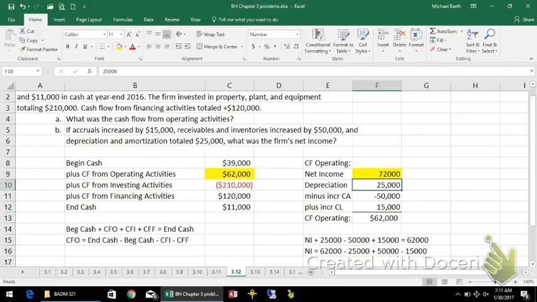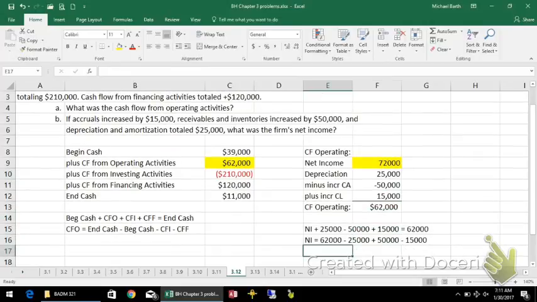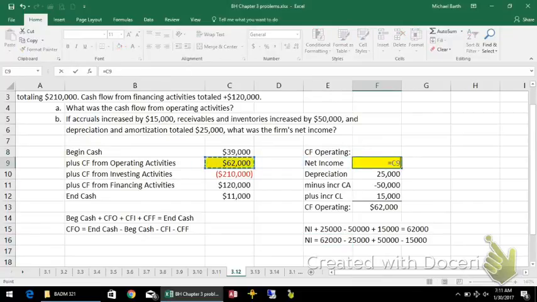I can do it the hard way, or I could have just followed my numbers down here. 62,000 minus that, minus that, minus that. And I would have gotten the same answer, but it's $72,000 for part B either way.